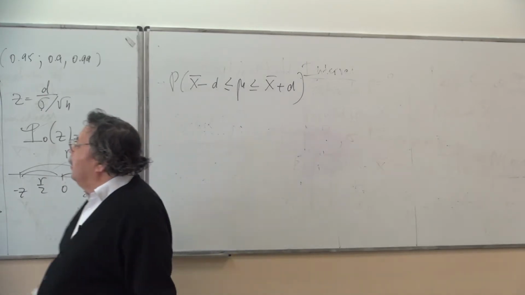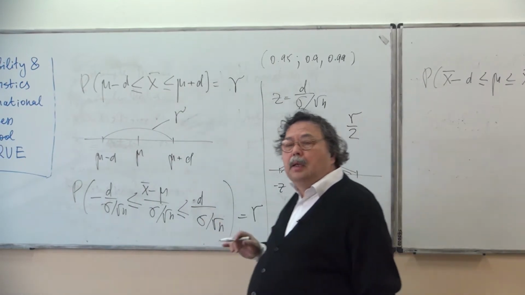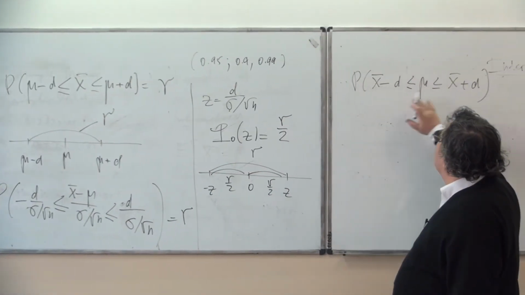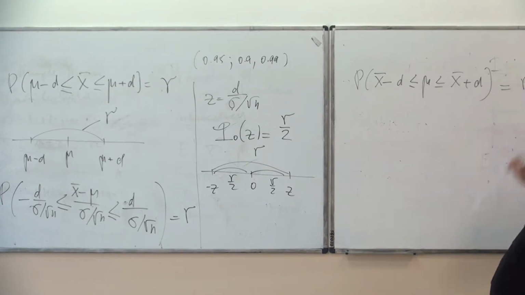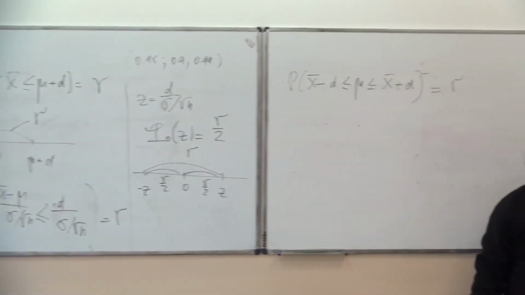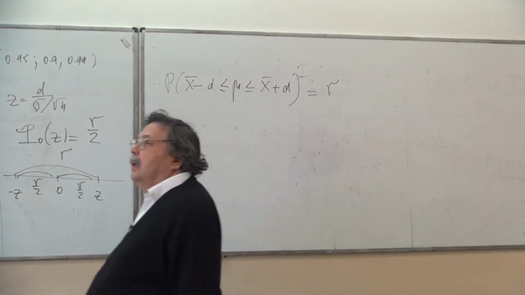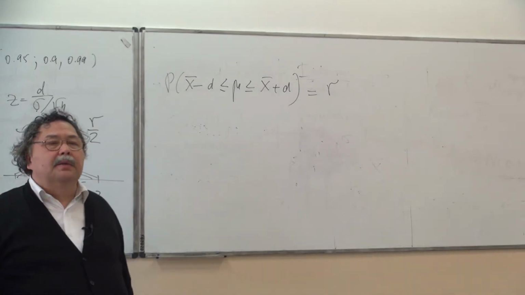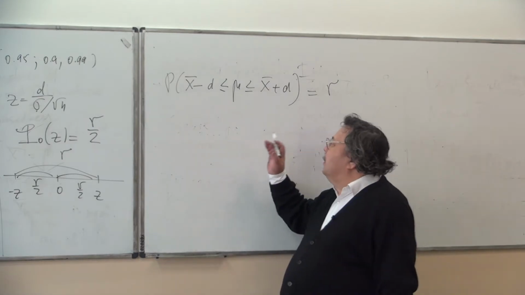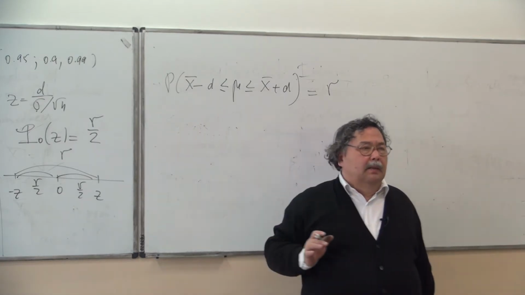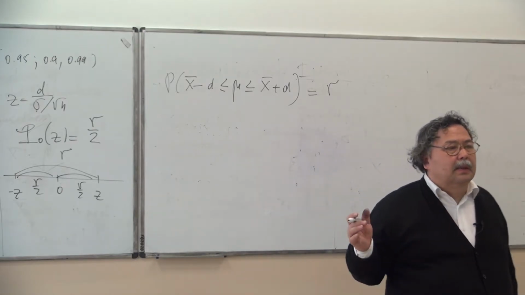Actually, this double inequality can be rewritten equivalently in this way. But again, I just said that this is a tricky thing to do. What is tricky about it? We must interpret this correctly. It's very easy to misinterpret it.